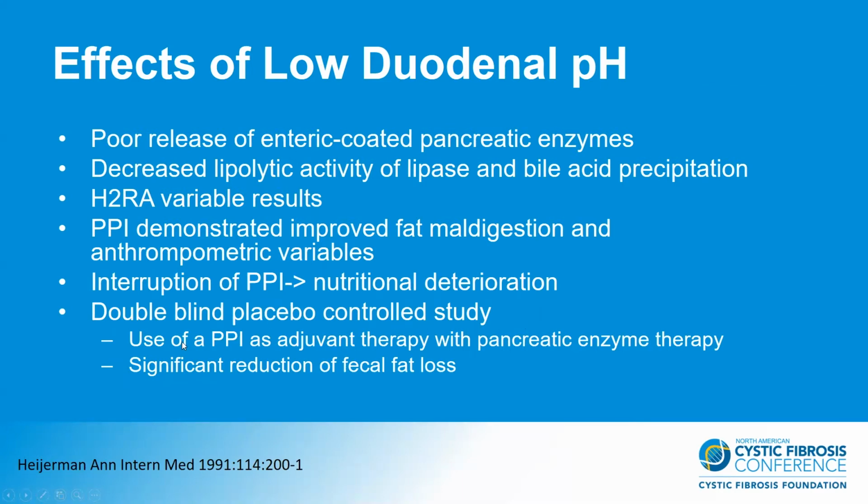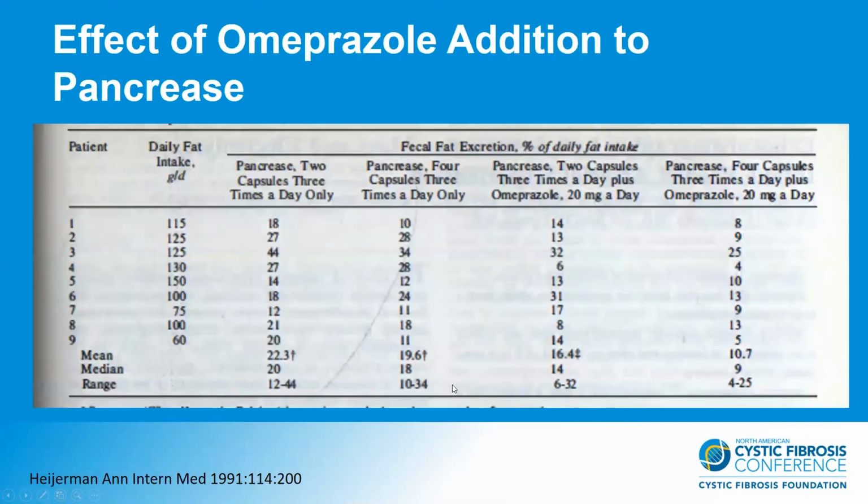Double-blind placebo-controlled studies have shown that use of a PPI as adjuvant therapy with pancreatic enzyme therapy results in less fecal fat malabsorption. And this is one of those small randomized controlled studies. This one was in adults, and it looked at patients who had fat malabsorption as measured by fecal fat excretion.